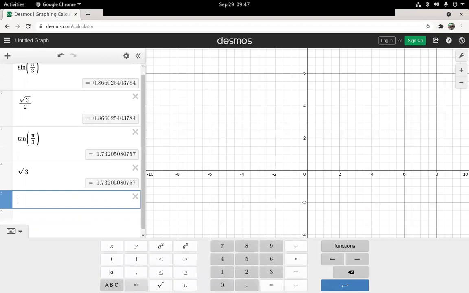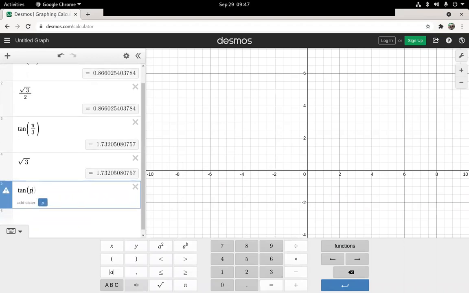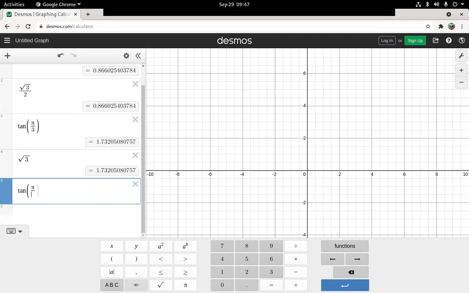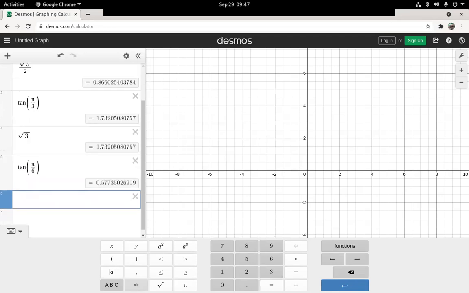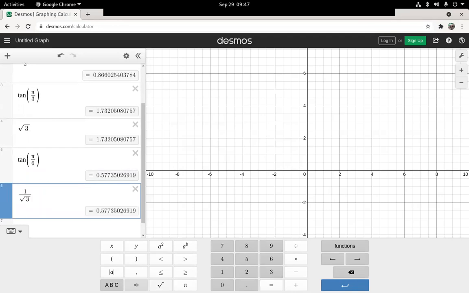And I want to know what is the tangent of pi over 6, and the computer says it's 0.577-ish. If I compare that to 1 over the square root of 3, it better be the same number. It is the same number. So my knowledge of the unit circle helped me get an exact answer on that.